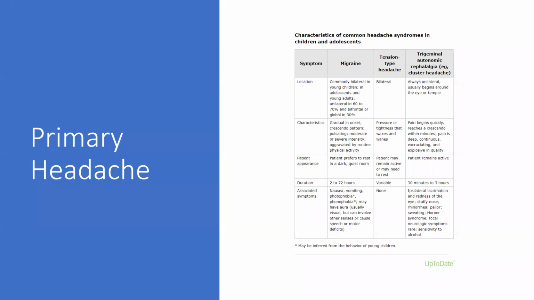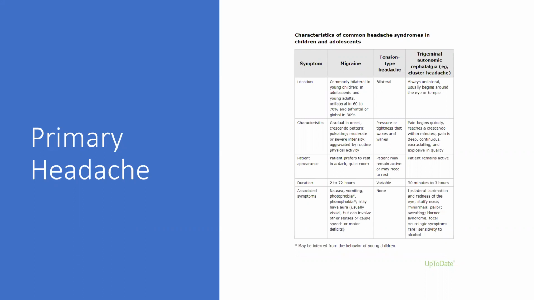The tension type headache is most commonly bilateral, and it is usually diffuse. Trigeminal is always unilateral. So that's the distinction between them, I like to think. And I have to emphasize that it is still very rare. It is usually unilateral, and it usually begins around the eye or the temple region.